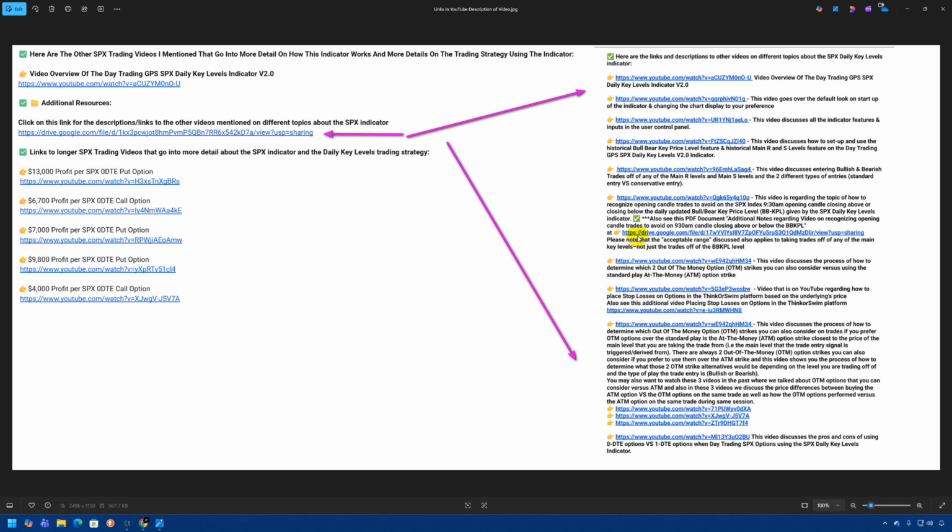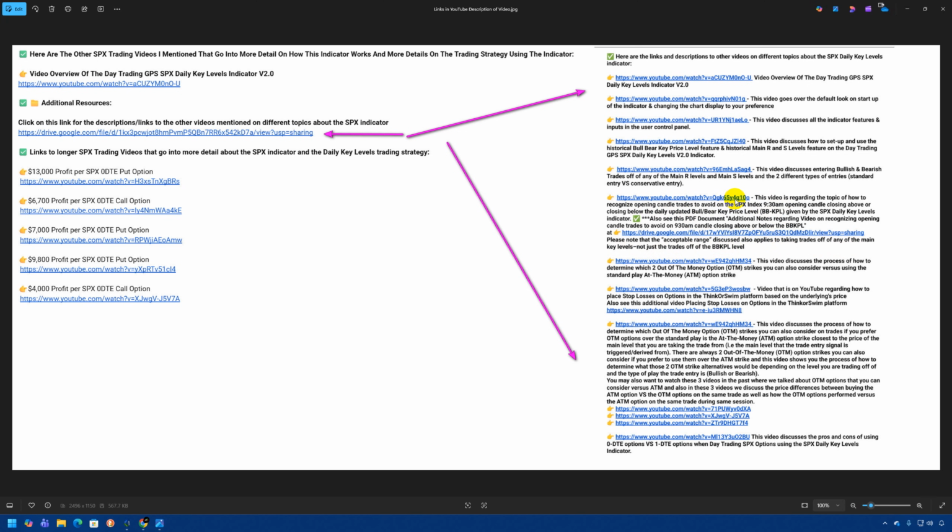Also, there is a Google Drive PDF document here that also goes into more details that accompanies this video, and it discusses more about what is the line in the sand for the acceptable range, and that acceptable range also applies to taking trades off of any of the main key levels, not just the BBKPL level.